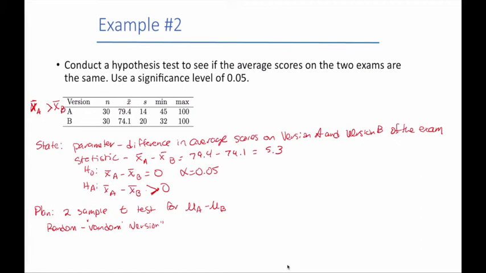We didn't do sampling, so no sampling. So we don't need to check 10%. And then both of our n's, NA is 30, which is at least 30, and NB is also 30, which is also at least 30. So that checks our normality condition.